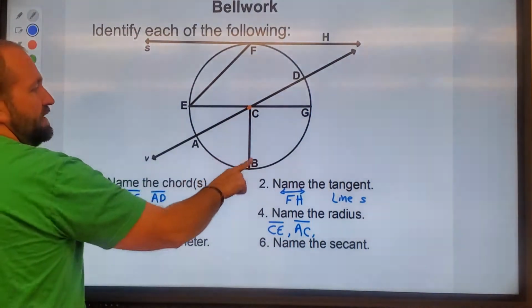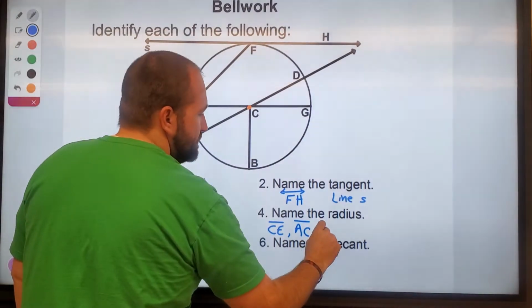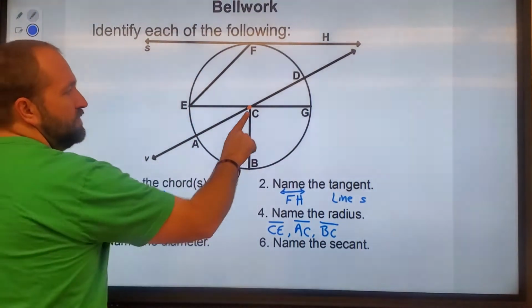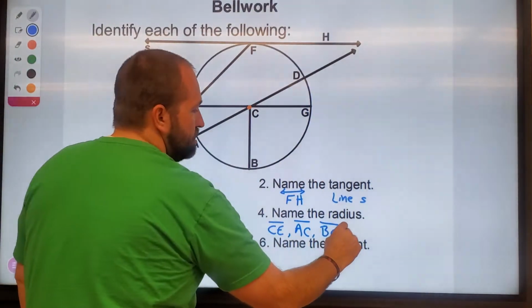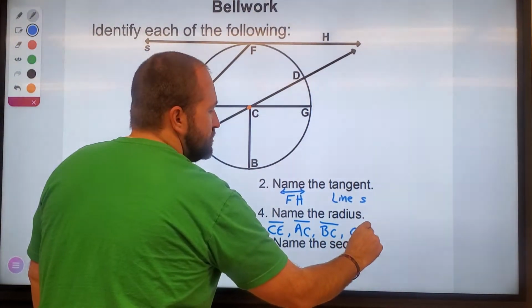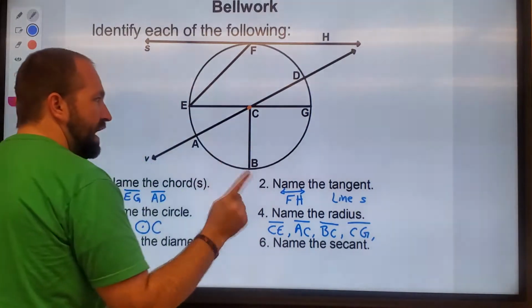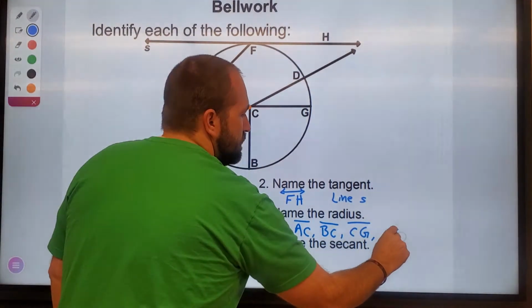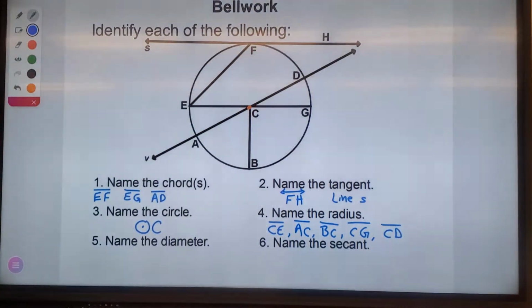I also have this line segment from C to B, so BC. I also have this line segment from C to G, so CG. And then I have another one from C to D, so CD. Okay, so again, 5 different options here, which turns into 10 different options if I reverse the letters for each of those.